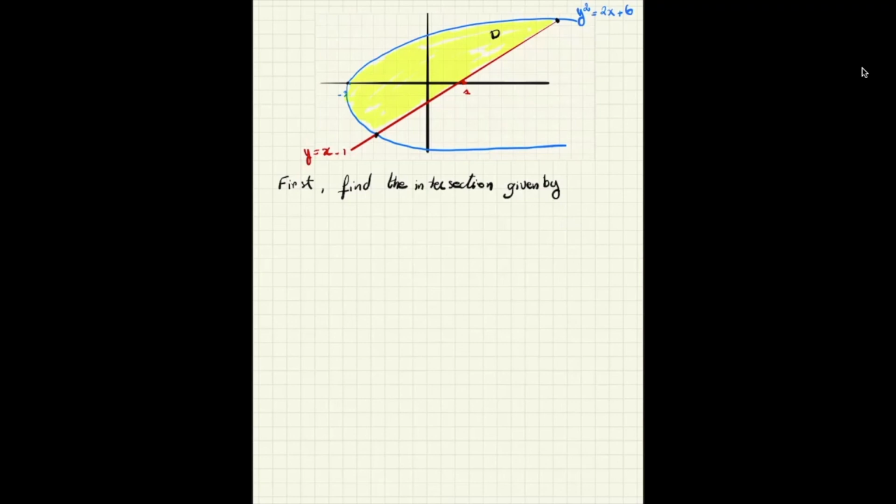So the intersection now is given by... Now you just have to isolate x. And now the intersection is given by y squared minus 6 over 2 equal to 1 plus y, right?